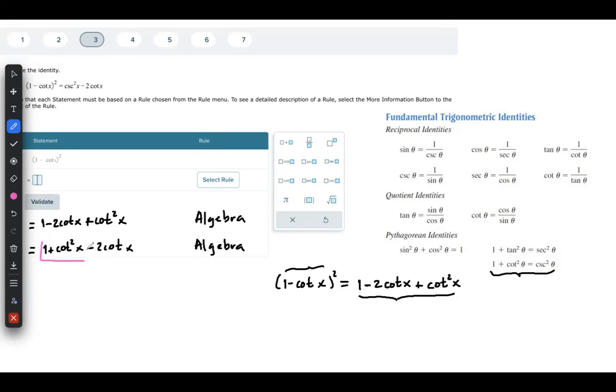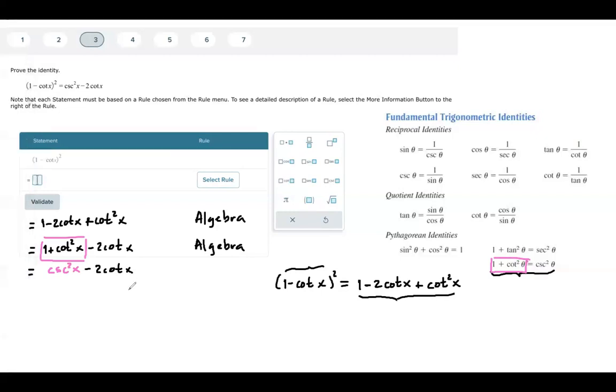Now, at this point, you can spot this identity, because now it is exactly 1 plus cotangent squared of x. So that means that I can rewrite it as cosecant squared of x, and the rest will stay exactly the same, minus 2 times the cotangent of x. What did I do there?